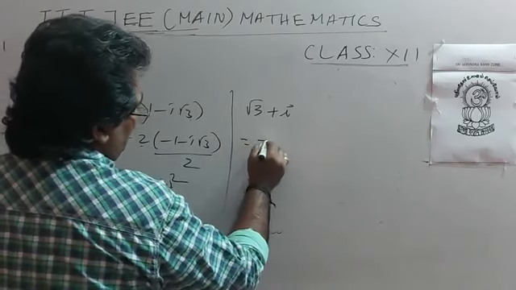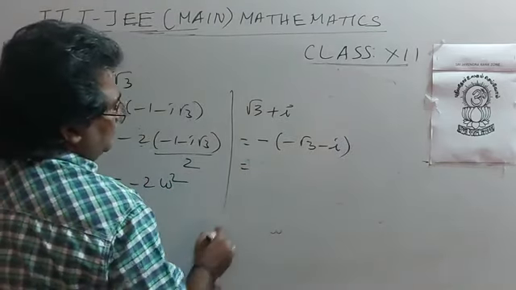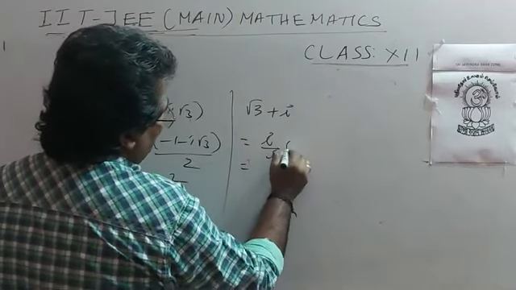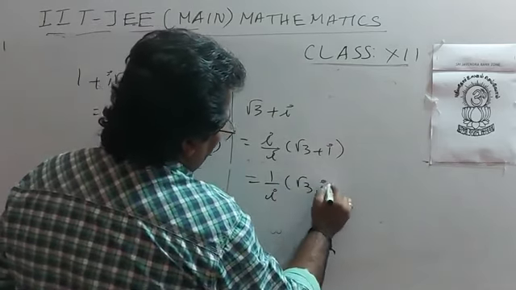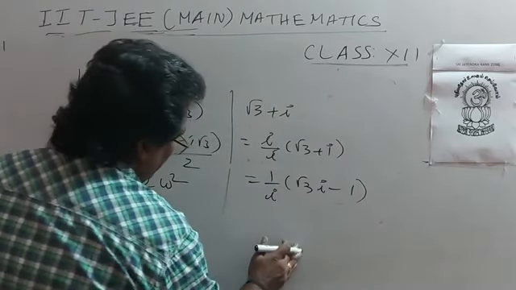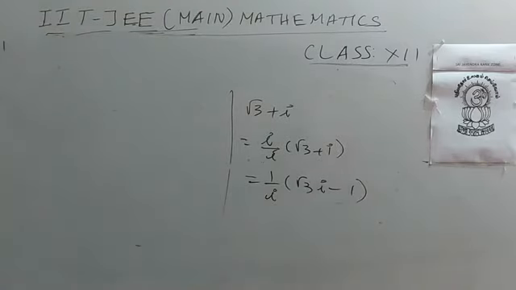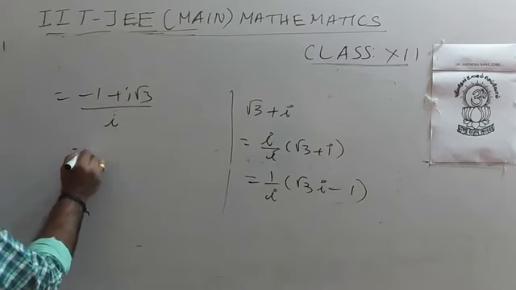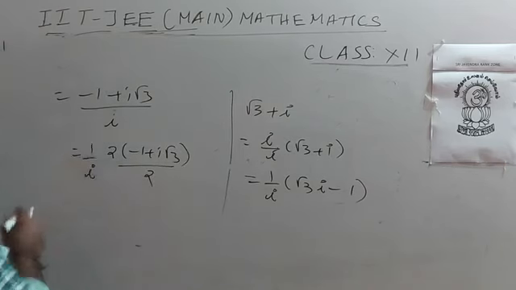You can write it as i into minus 1 plus i root 3, which is 1 by i times root 3 i minus 1, that is 2 by i into minus 1 plus i root 3 by 2, multiplying and dividing by 2.